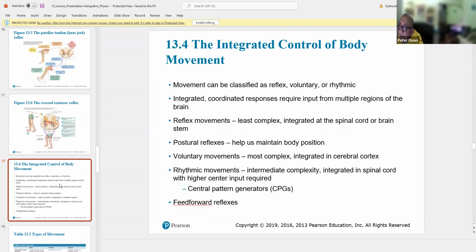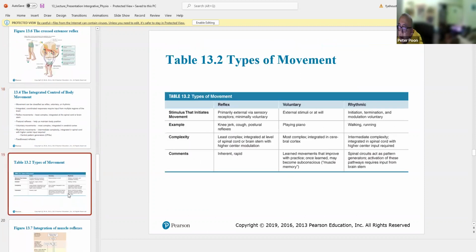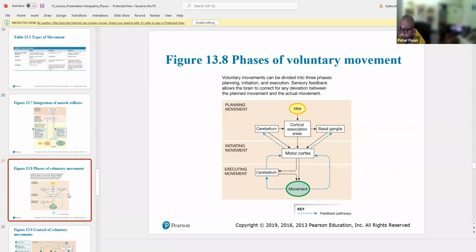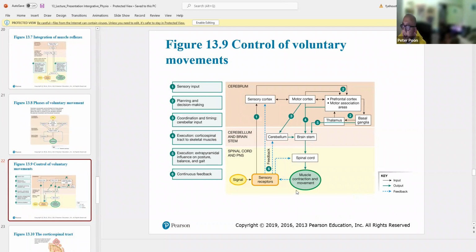Going on to more, the integration of muscle reflexes, for voluntary movement. Sensory input goes to the sensory cortex, which then goes to the prefrontal and motor association areas.